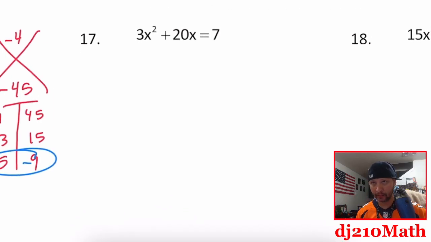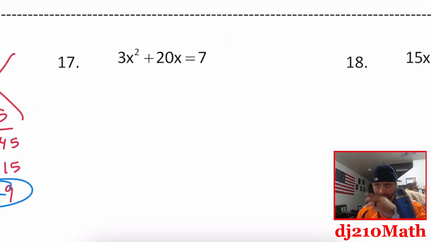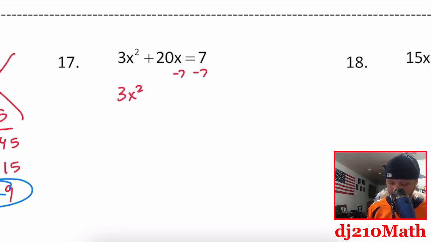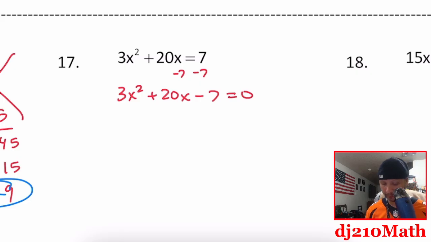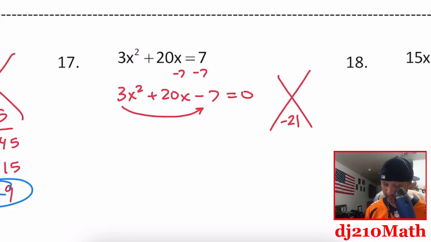All right, we're back to good old x's. All we have to do is subtract the 7 from both sides. So 3x squared plus 20x minus 7 equals 0. 3, 20, and 7. No GCF. Slide the 3. So this is going to make negative 21.